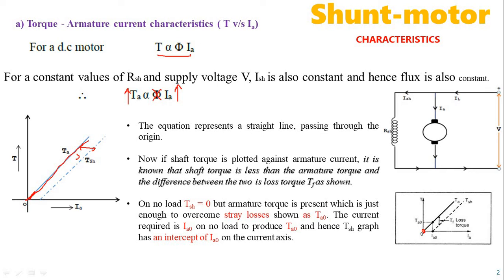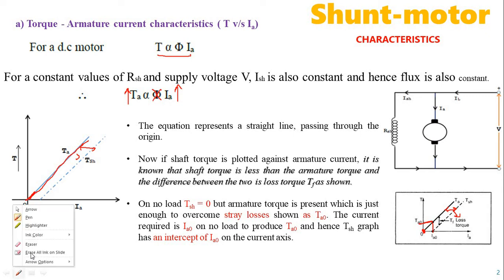There is no shaft torque, but armature torque is present at no load. So the shaft torque graph has an intercept of Ia naught, and the difference between Ta and Tsh is nothing but loss torque, denoted by Tf.